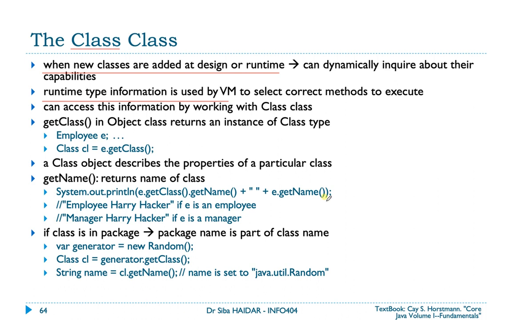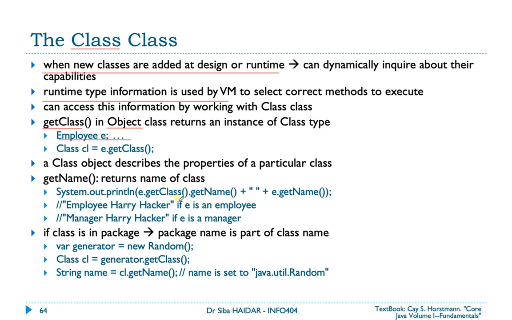What is a class? First of all, you must know that the getClass method that you saw in the Object class returns an instance of the Class type. For example, if you declare the employee e and then later you initialize it to an object of type employee or a subtype of employee, then you don't know which type is the actual type of the declared variable e.